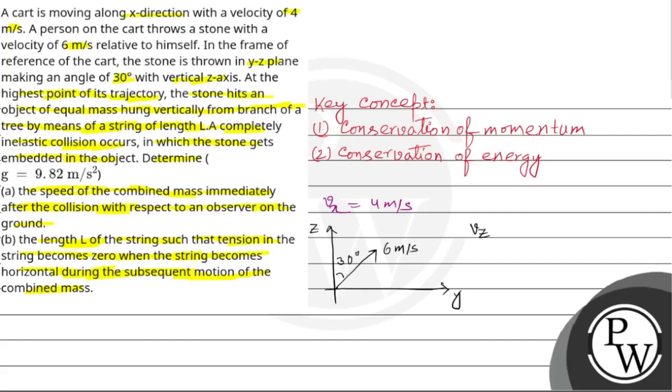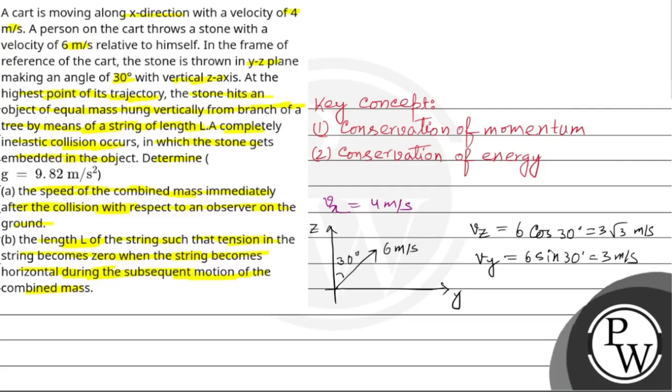So we get the z component, which is 6 cos 30 degree equals to 3 root 3 meter per second, and the y component, that is 6 sin 30 degree equals to 3 meter per second.